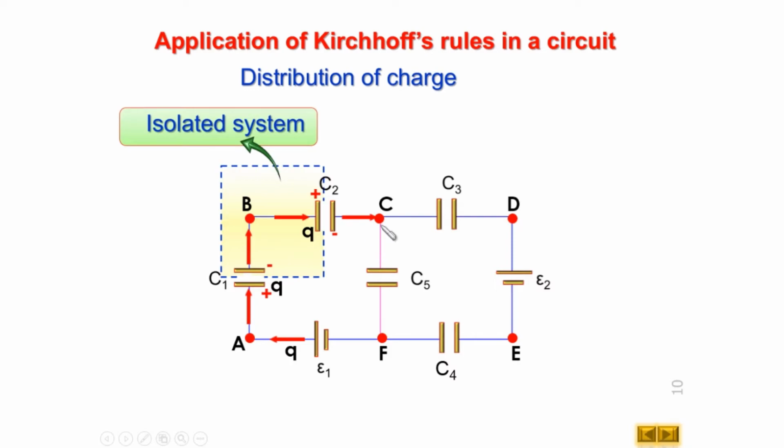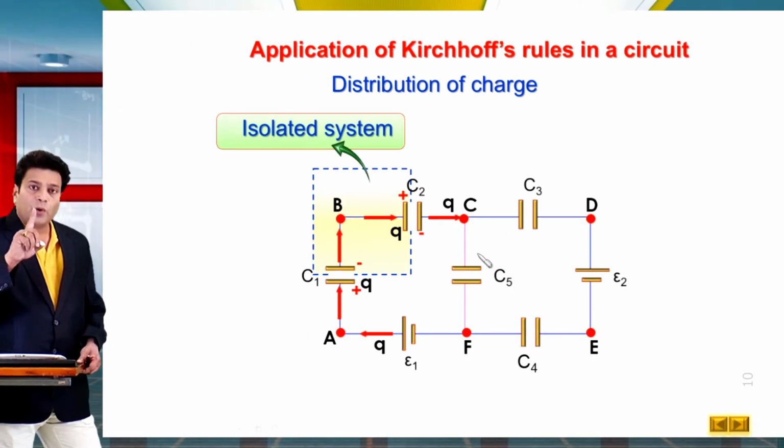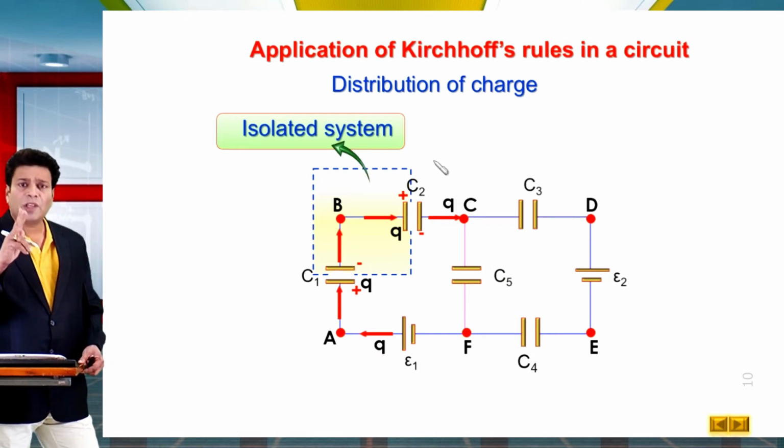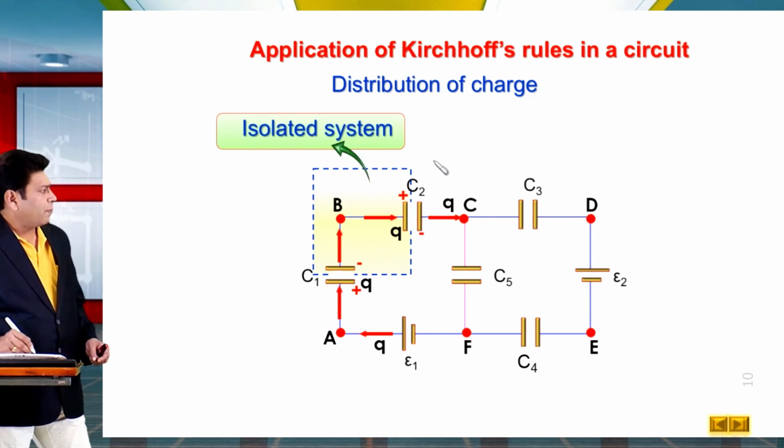Now this Q charge will reach this point C. C is the junction. Now there are two paths: one path is going straight, the other path is going down. So we will distribute the charge here keeping the conservation of charge in mind. Let us make charge Q1 in this direction.